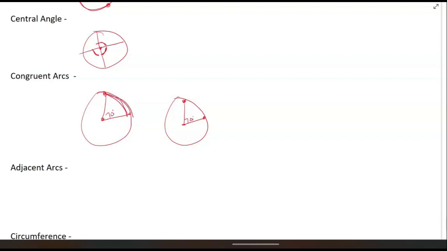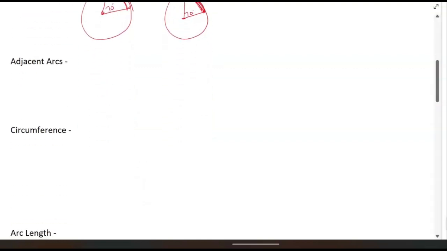The arcs are the same value of their intercepted central angle. So this would also be 70 degrees, and they would be congruent to each other. And sometimes you can have congruent arcs in the same circle. So this is good to know, that the arc has the same measure as its intercepted central angle.